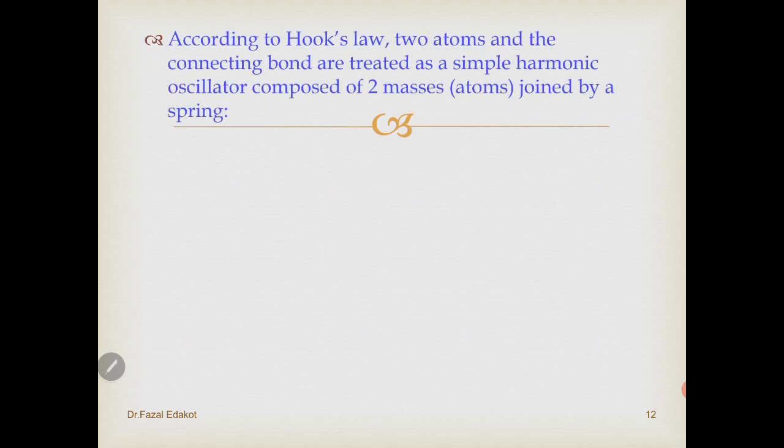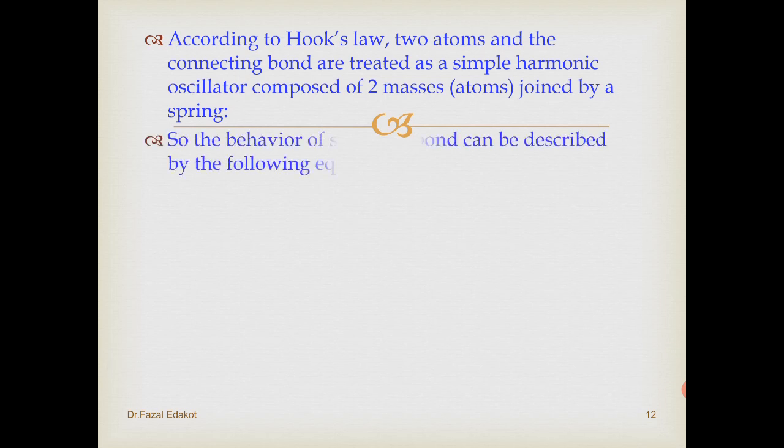According to Hooke's law, two atoms and the connecting bond are treated as a simple harmonic oscillator composed of two masses. The masses are nothing but atoms joined by a spring.